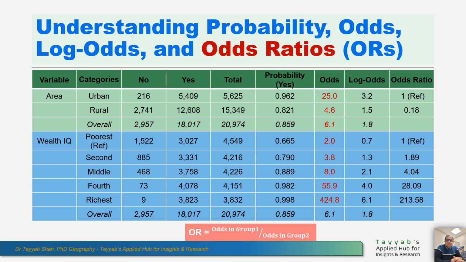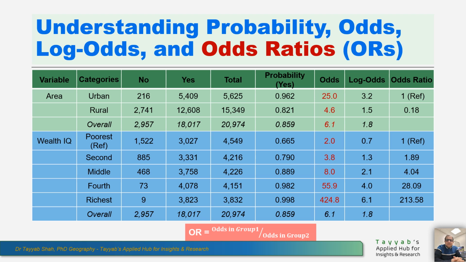The same thing applies if you look at the wealth index. We set the lowest, the poorest class, as a reference, which means again we set it as 1. So now the calculation is such that this group will be the denominator in all four cases. We will take the value of 3.8 divided by 2, 8 divided by 2, 55.9 divided by 2.